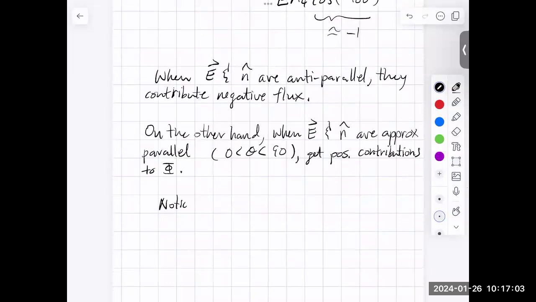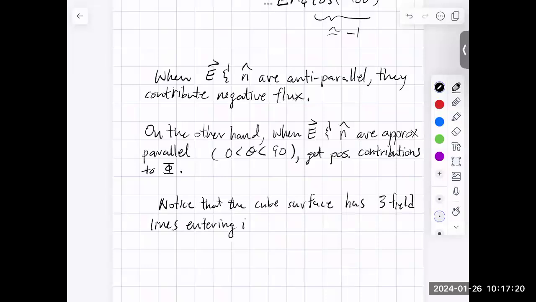So notice that the cube surface has 3 field lines entering, so that's negative flux, and 3 field lines exiting, and so that's positive flux.